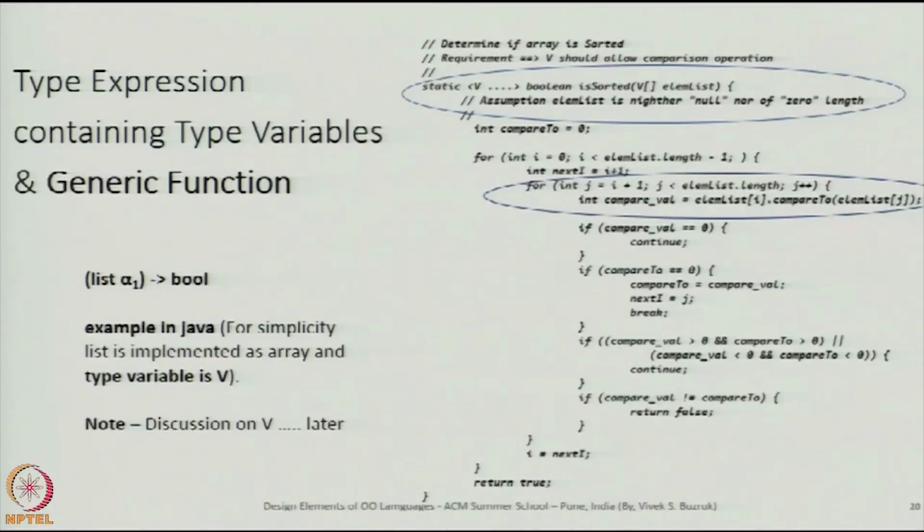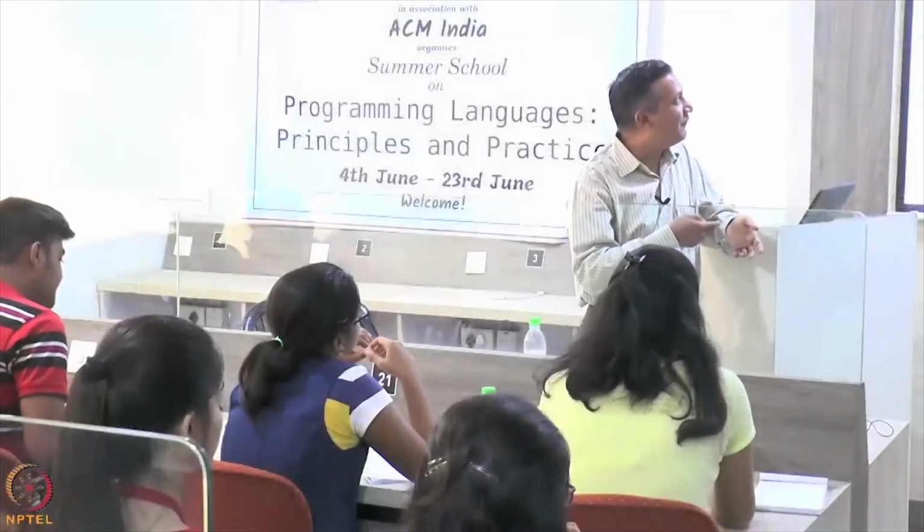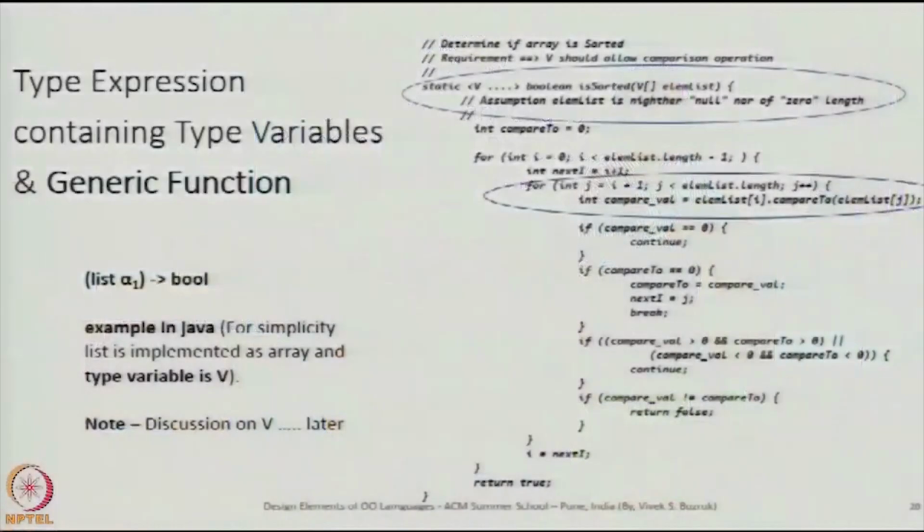V is a type variable and there is an array of v, and we are again using v's type system, and v is basically something which allows me to compareTo. If it allows me to compareTo, then obviously this particular function will work. That restriction, that constraint, is defined here. We will talk about that.